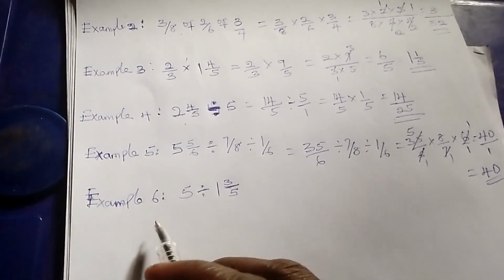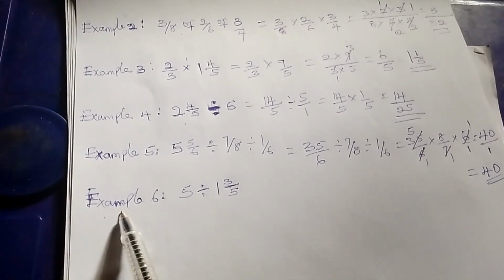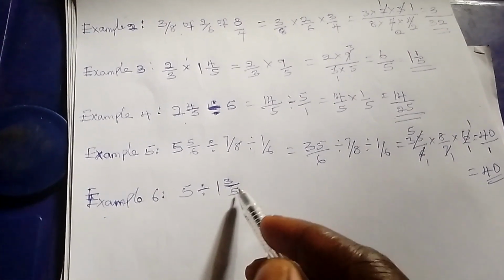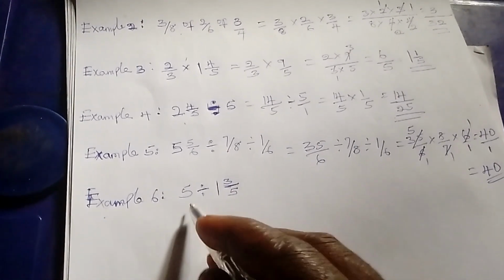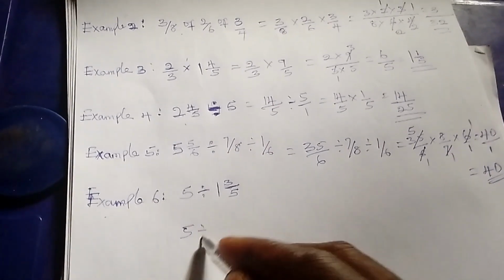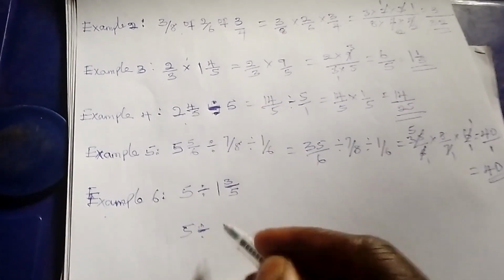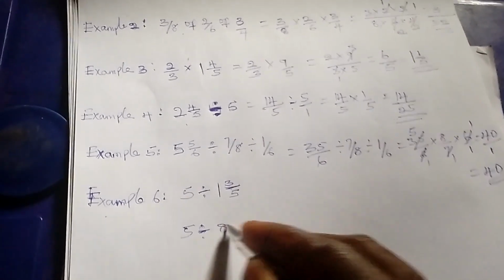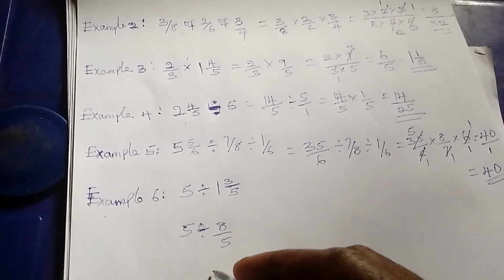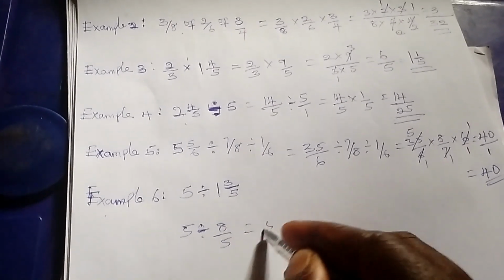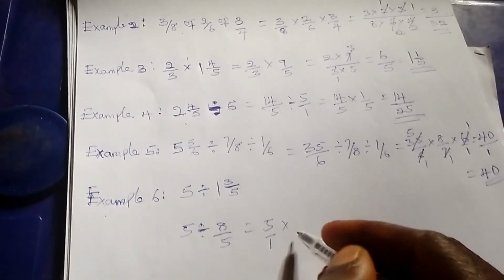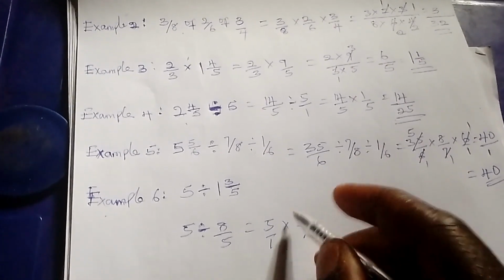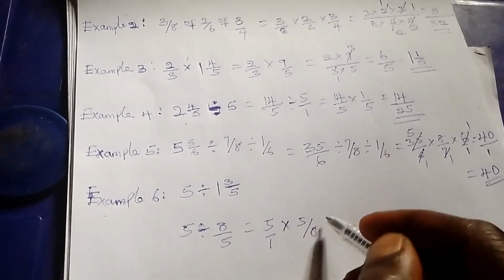Then the last example is 5 divided by 1 whole number 3 over 5. As usual, you convert this one to an improper fraction. 1 times 5 is 5 plus 3, 8 all over 5. So this implies 5 all over 1 multiplied by 5 all over 8, as you're multiplying by the reciprocal of the divisor.